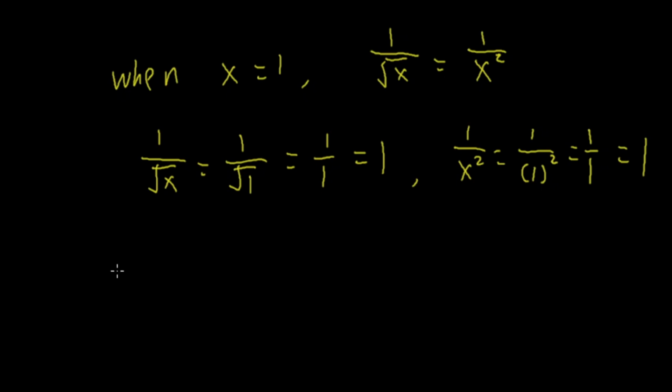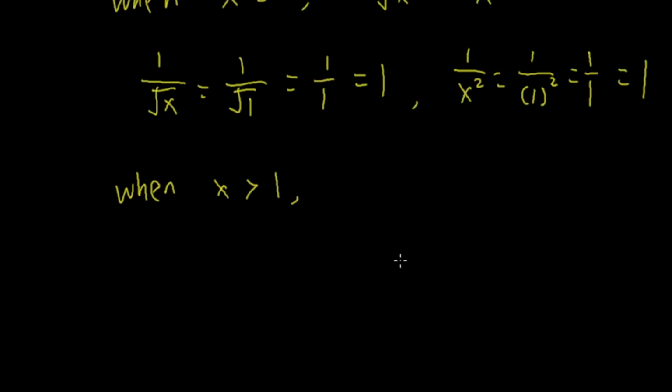Okay, now what happens when x is greater than 1? In this case, 1 over square root of x will be greater than 1 over x squared. Why? Because let's say x is 2 here, right? 1 over square root of 2 has to be greater than 1 over 2 squared, because 2 squared is 4.